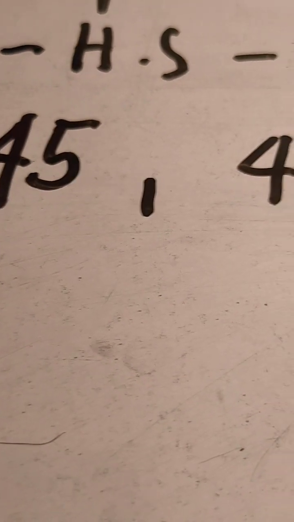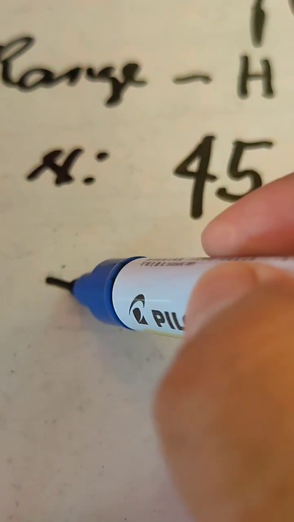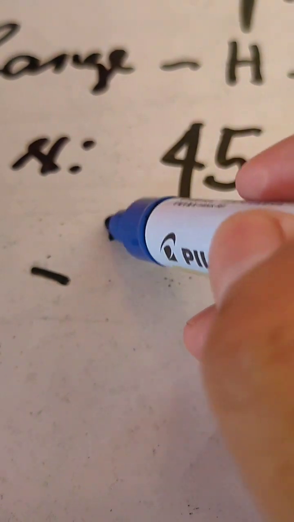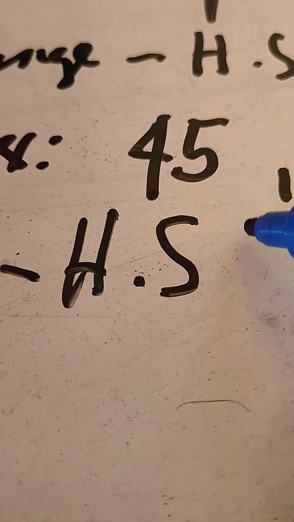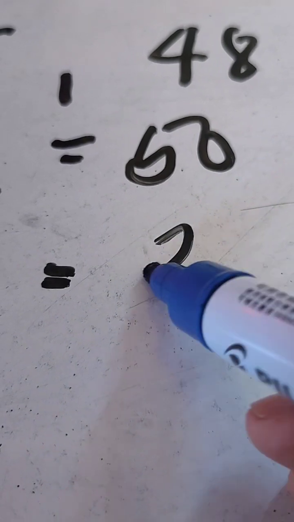Now, what is the highest score presented in the given sample? So let us review 45, 48, 20, 50, 30. So our highest score is 50, while the lowest score is 20.